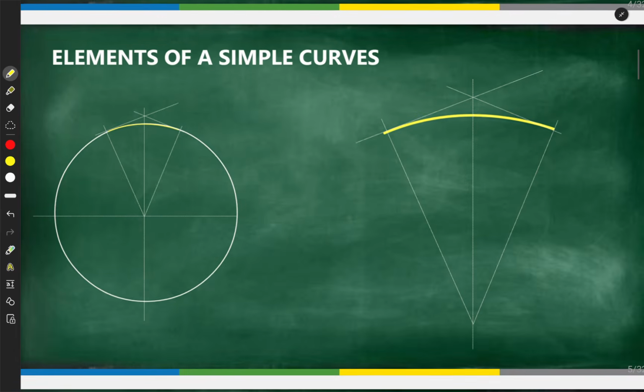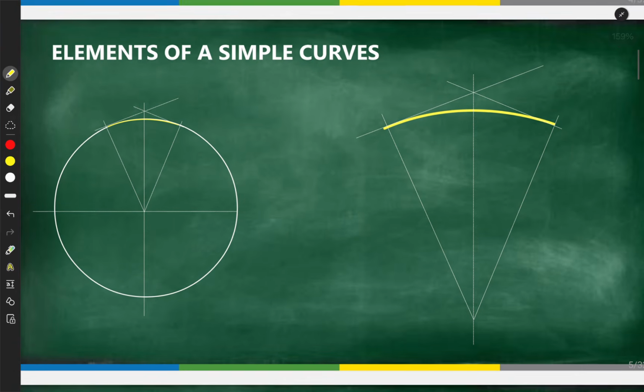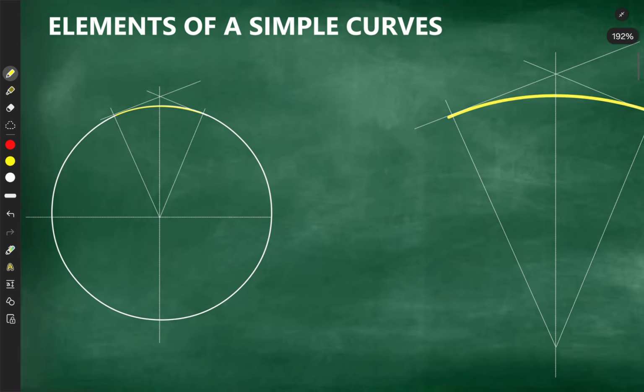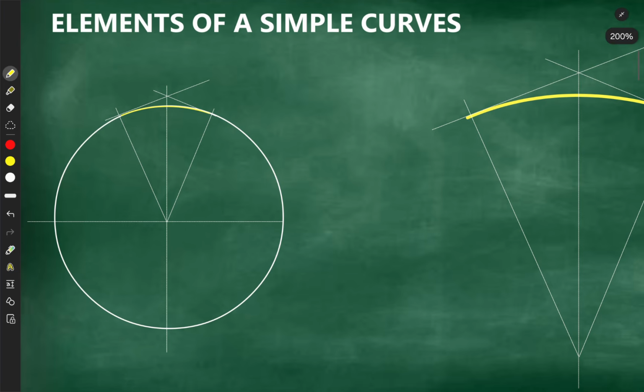So these are the elements of a simple curve. Again, simple curve is just an arc of a circle. Ibig sabihin, this is just part of a circle. So if this is just part of a circle, we are going to use the properties of a circle.